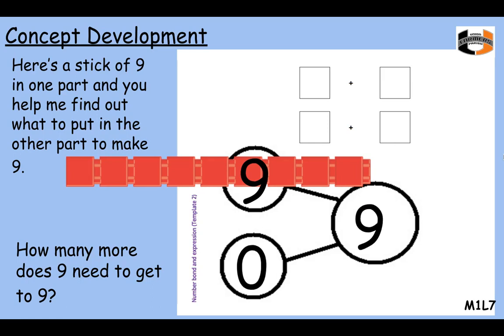So 0 and 9 make 9. So now we're ready to fill out our expressions. 9 plus 0 makes 9, and 0 plus 9 equals 9.